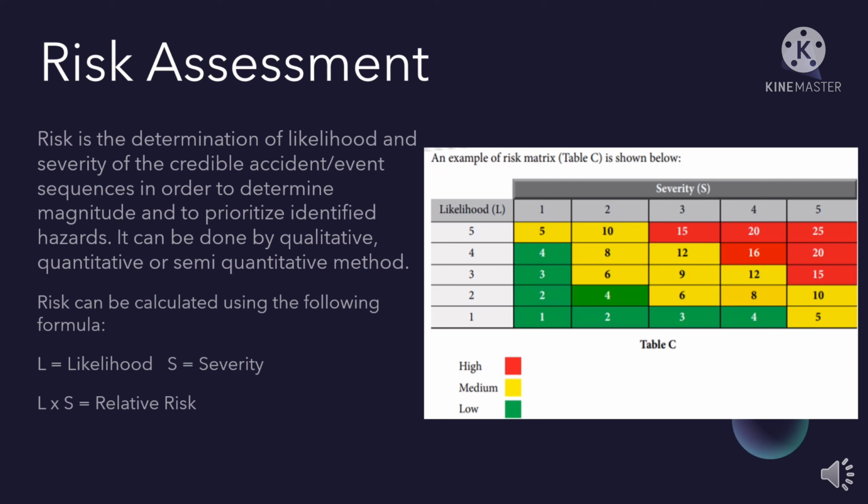It can be done by qualitative, quantitative, or semi-quantitative methods. Risk can be calculated using the following formula, where L stands for the likelihood and S stands for the severity. So relative risk equals L times S, or in other words, likelihood times severity.